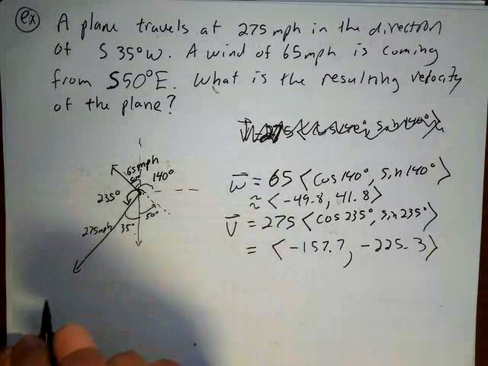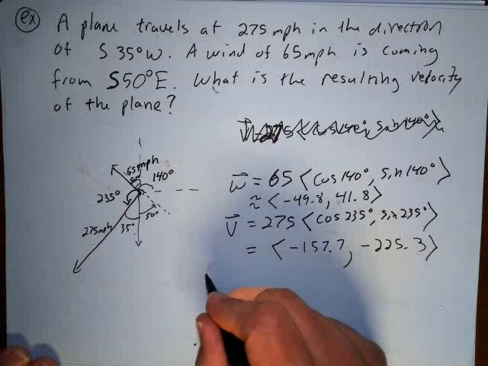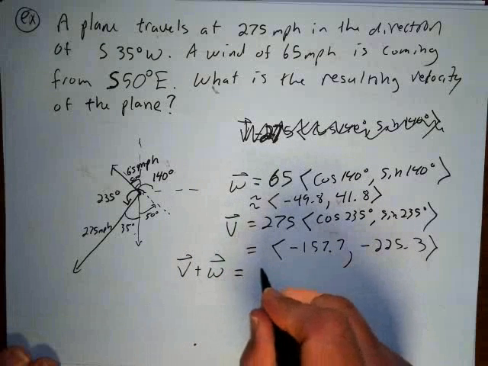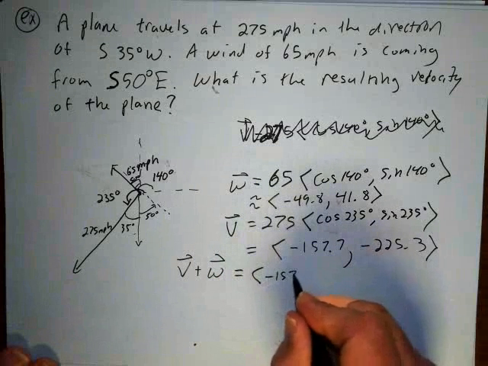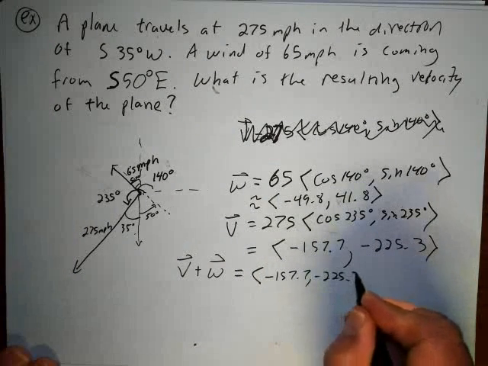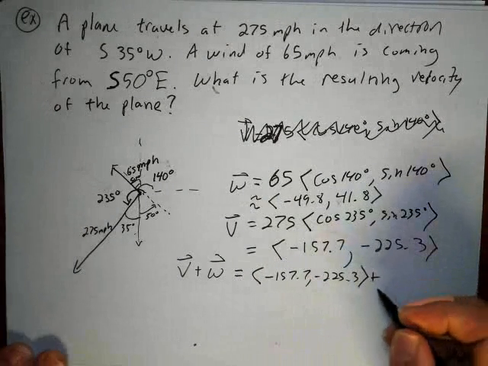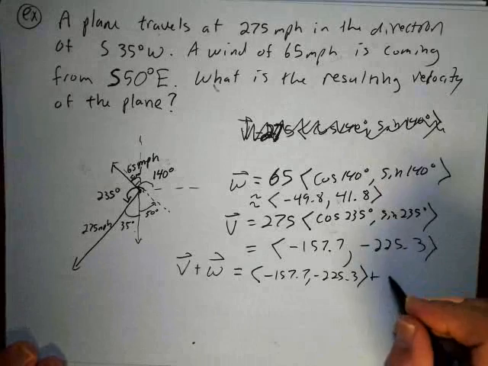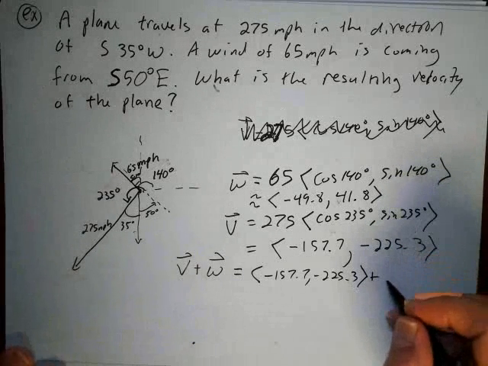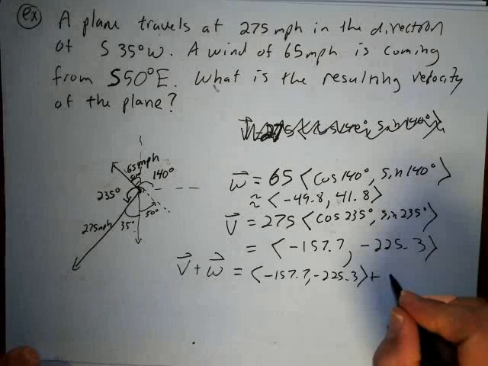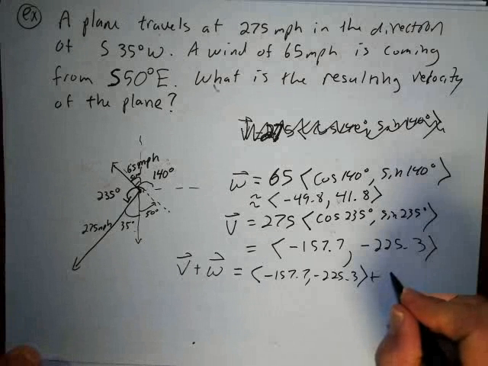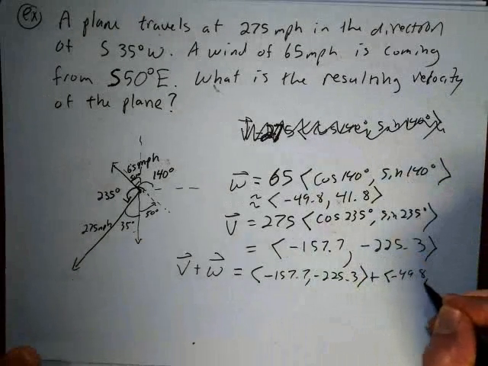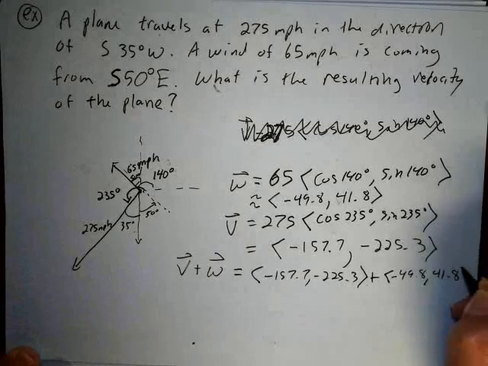So we can do it over here. We'll do V plus W, and this is going to be negative 157.7, negative 225.3, plus negative 49.8 and 41.8.